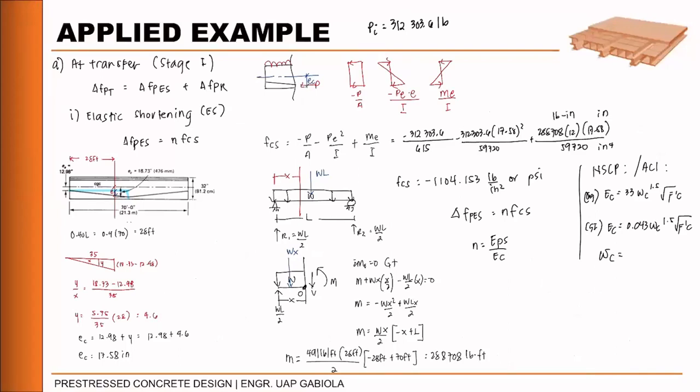Concrete ay 115 pound per foot cubed. Okay?